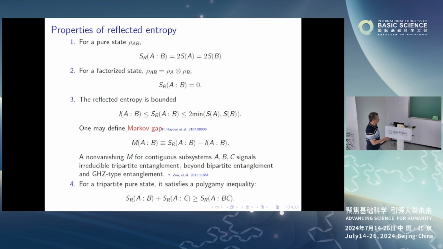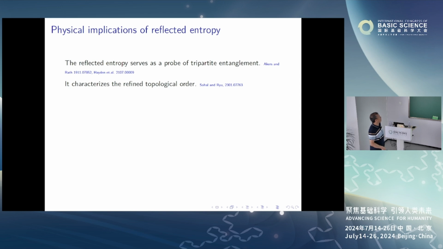There are also some other inequalities for this entropy. The physical implication is that it may serve as a probe of tripartite entanglement, as I mentioned in the last slide, and it also characterizes refined topological order. So we will see it.